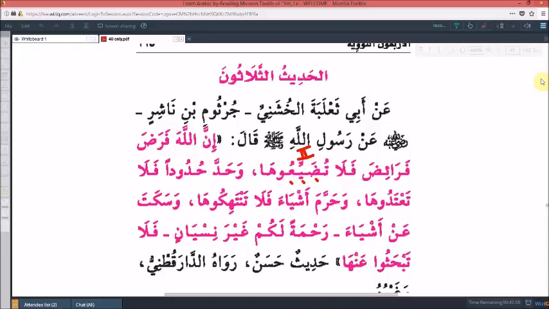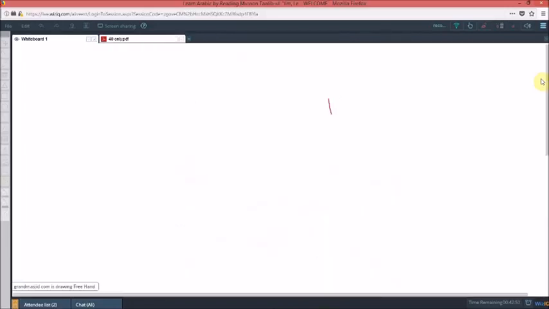Now, if we look at this sentence, Inna Allaha farada fara'ida.